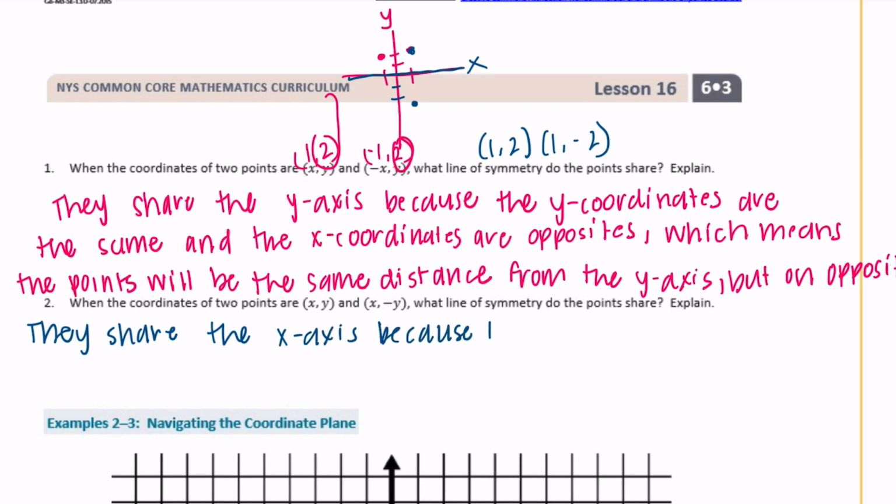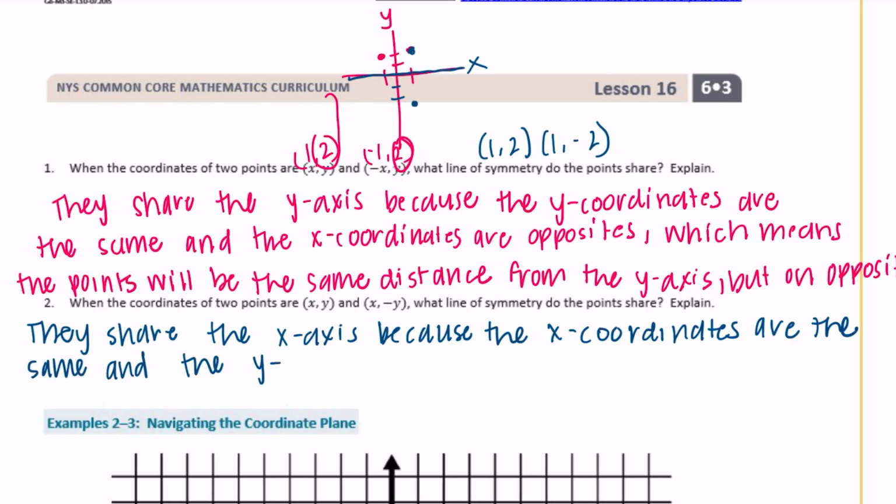Because the x coordinates are the same, and this time the y coordinates are opposites.